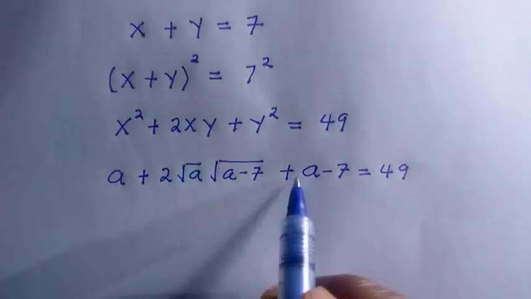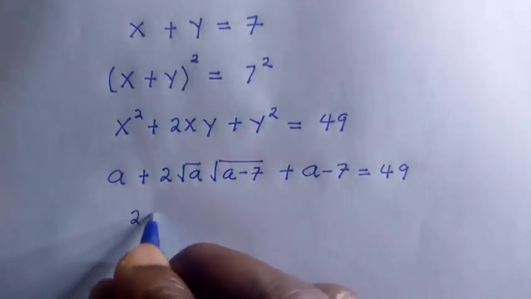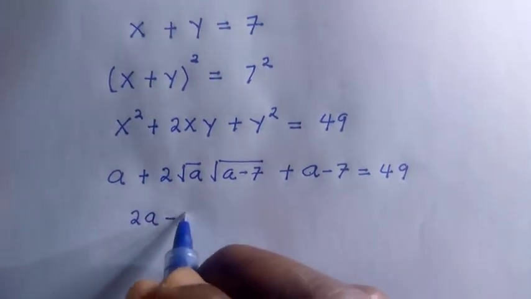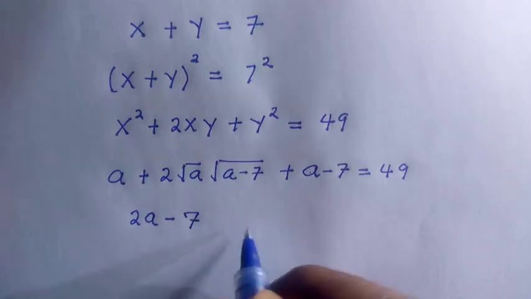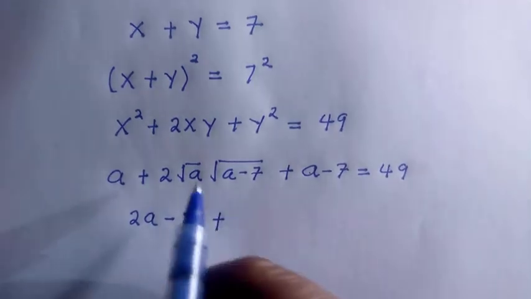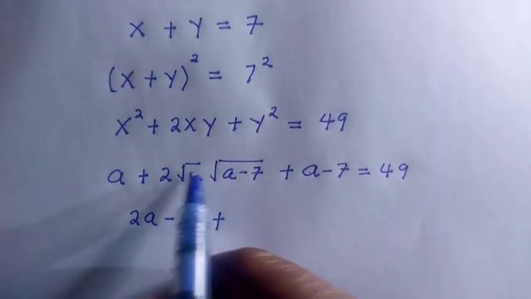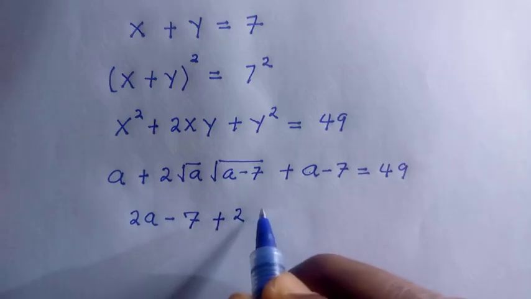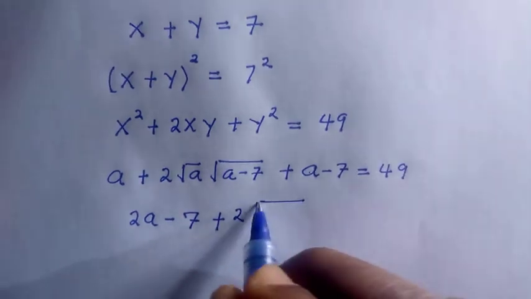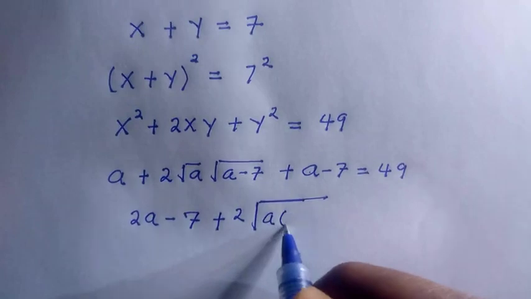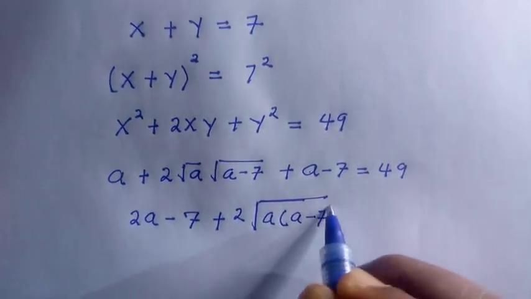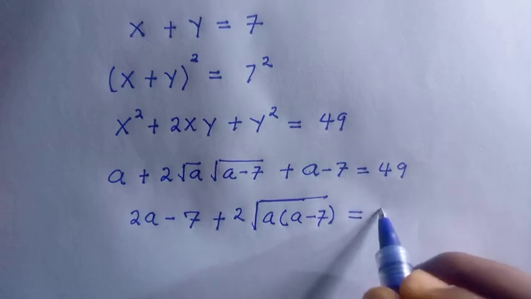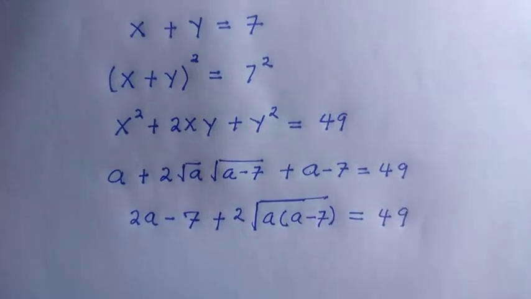So a plus a is 2a minus 7, plus, for this one, here is root a and here is root a minus 7. Since both of them have roots, we combine them together and have root a into bracket of a minus 7 equals 49.